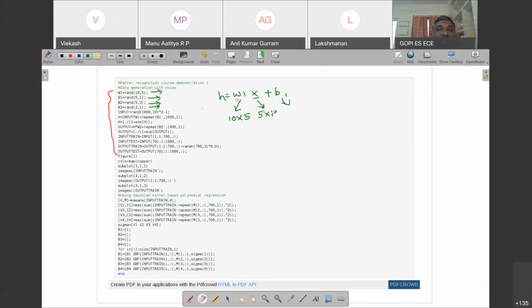So let me put it here: this input data is 10 cross 1, and W1 is 5 cross 10 to satisfy this expression, and we have this B which is 5 cross 1. You have the intermediate which is 5 cross 1, right? So you understood this.